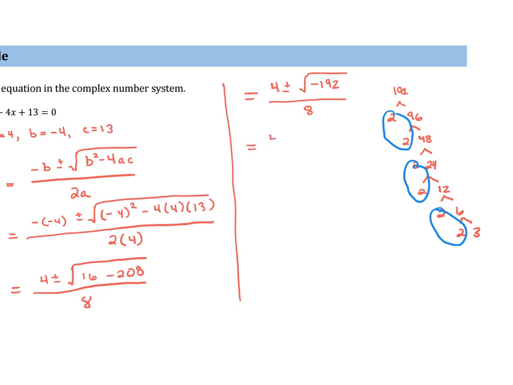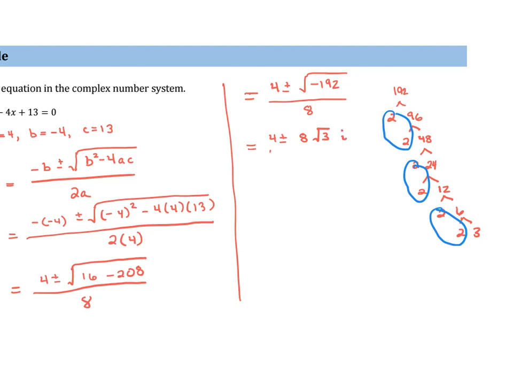So that's 4 plus or minus the square root of 192, which will be 8. That's from the square root of this pair, the square root of this pair, and the square root of this pair, all multiplied. So 2 times 2 times 2 is 8. And you'll notice that there is a 3 that is unpaired. And then the square root of a negative is going to yield the i.